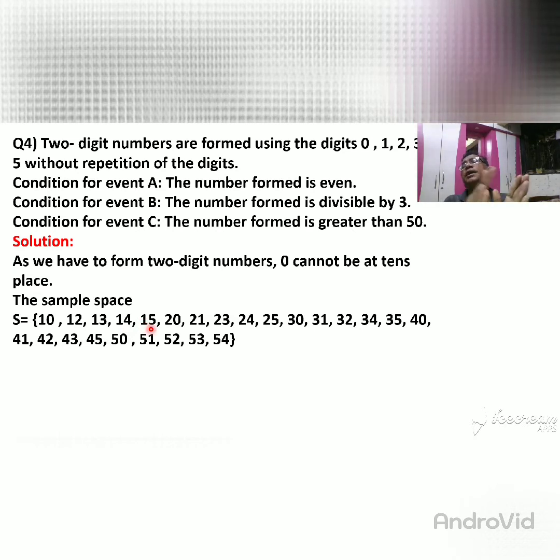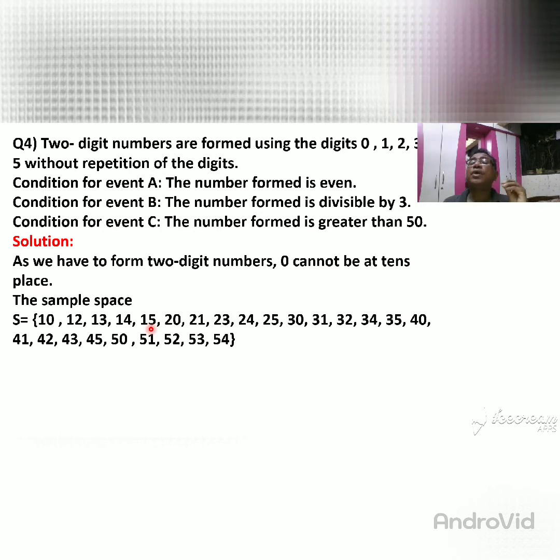I am just making pairs of 1 with each and every number, starting from 0: 10, 12, 13, 14, 15. In such a way one number makes pairs with each and every number, so you get numbers up to 15.